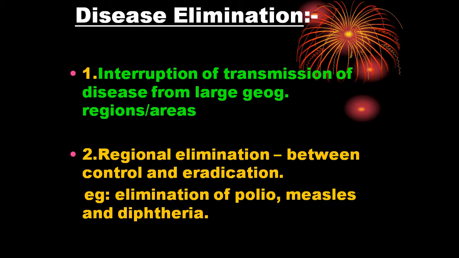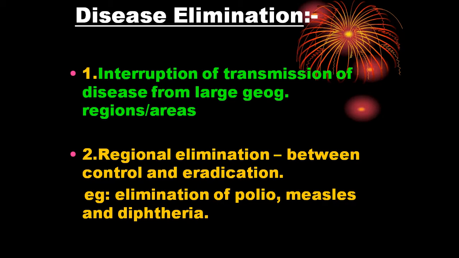Interruption of transmission, that is the total stoppage of disease transmission from a large geographic area. There are certain countries, small countries, they claim, like Croatia and all that they have stopped transmission of coronavirus. So therefore, they have eliminated it.